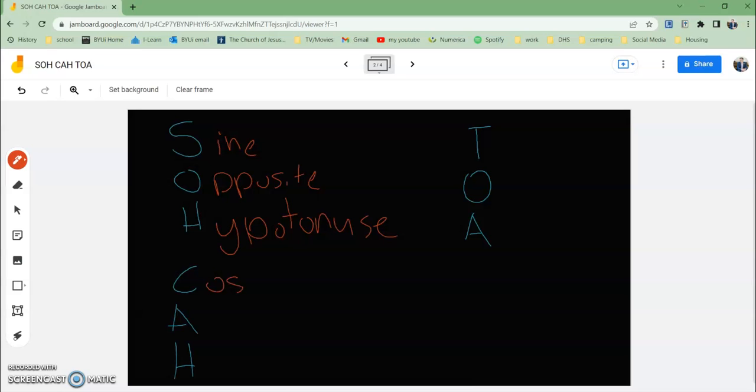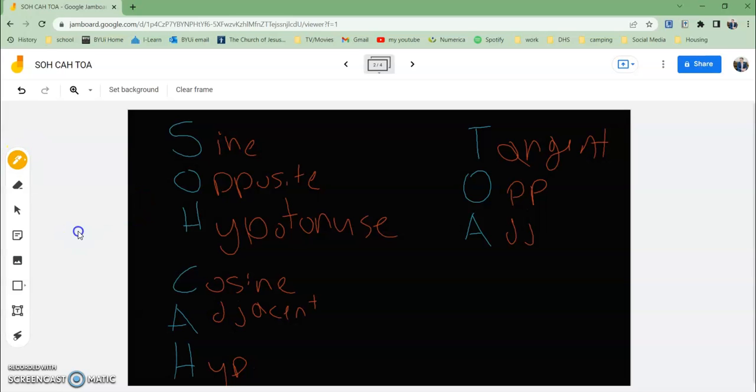C is cosine, and A is adjacent. Then the H is hypotenuse again. And the T stands for tangent, kind of like going off on tangents. O is opposite again, and A is adjacent again. So this is just an easier way to remember this.